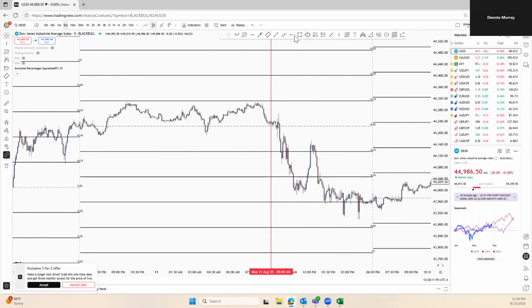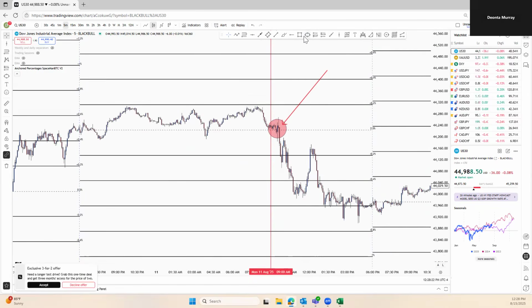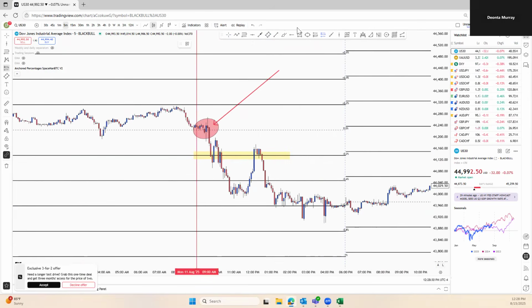But we don't really want to take the trade around this area, right? We don't want to take it at the opening, because at that point we don't really have a bias. It can go either way. So we wait until the 0.2% is broken. And as you can see, we kind of got it.